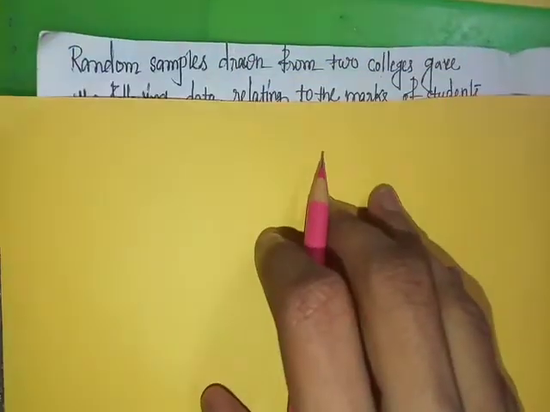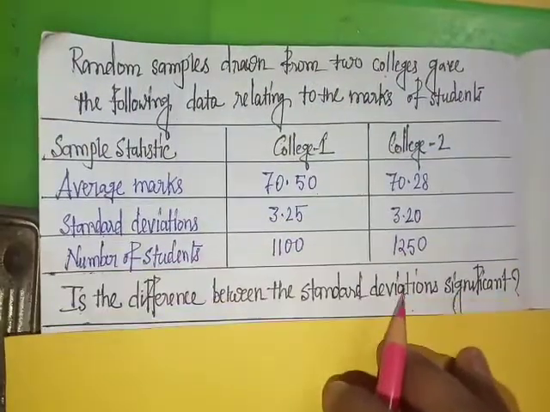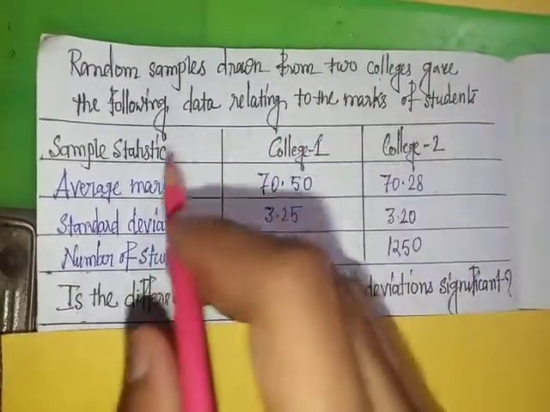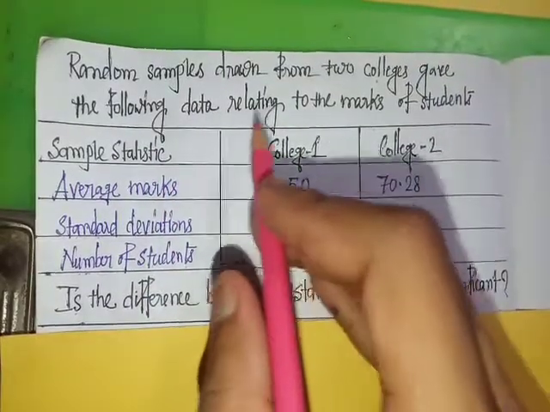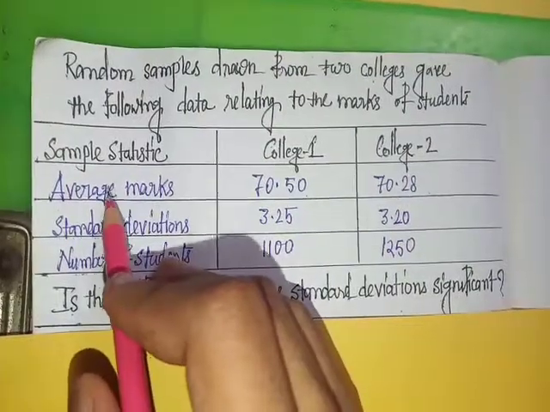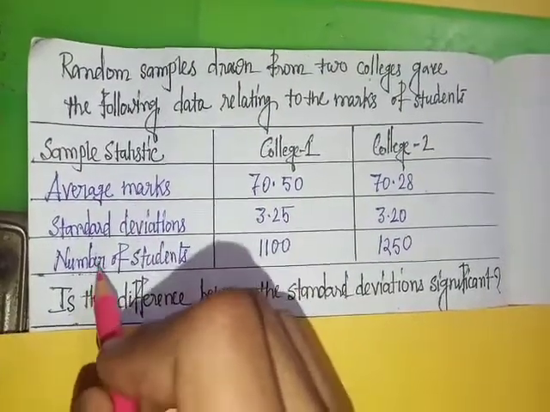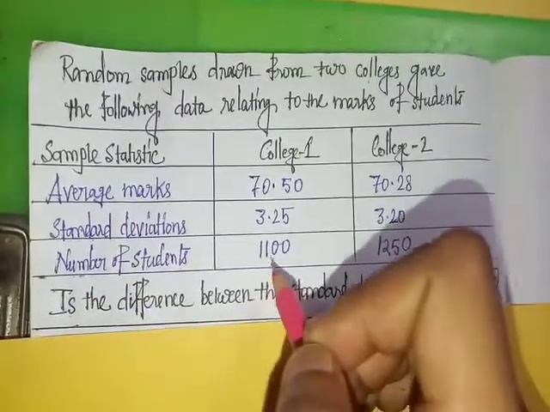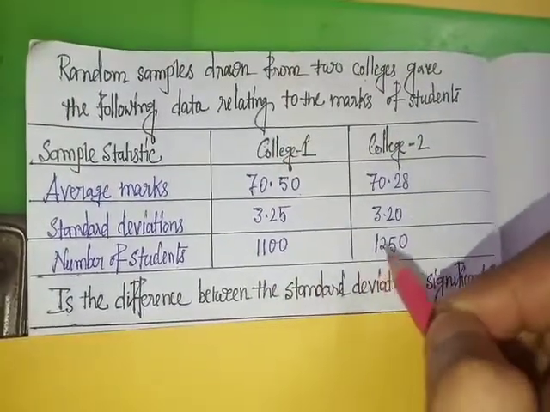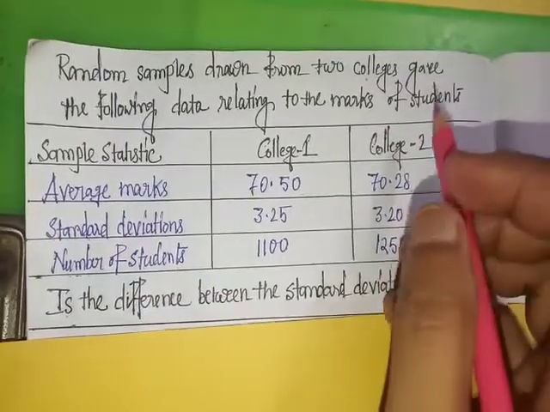Now we will discuss a problem. Random samples drawn from two colleges gave the following data relating to the marks of students. We choose 1100 students from college 1 and 1250 students from college 2.